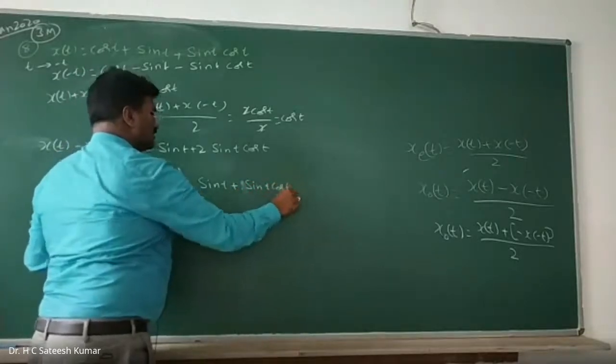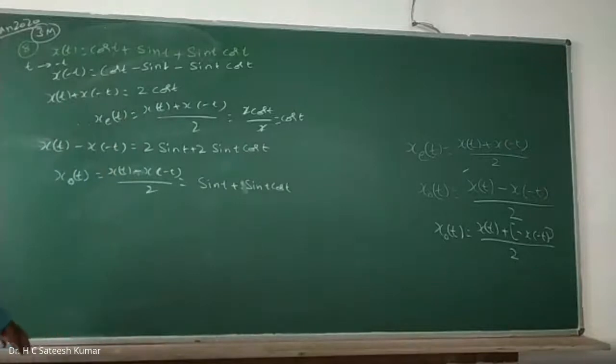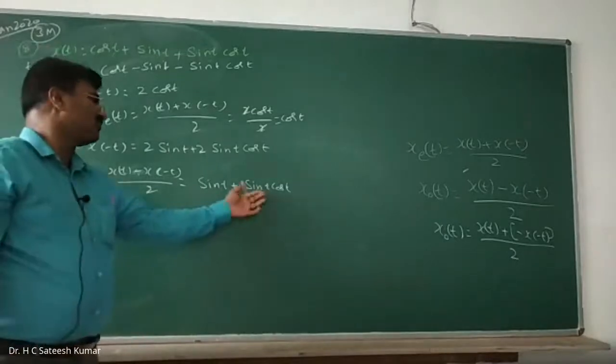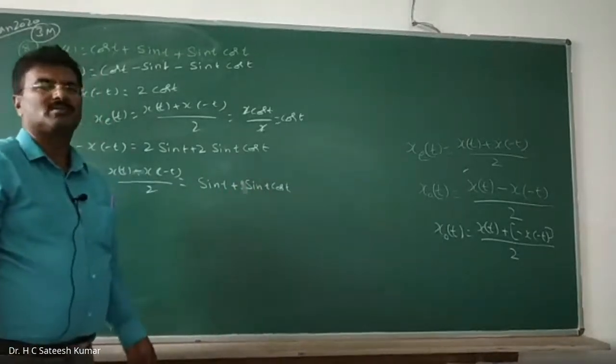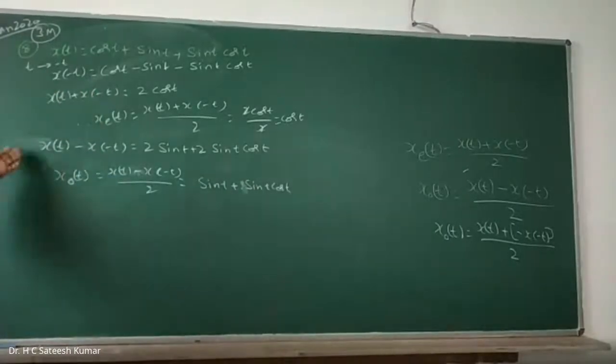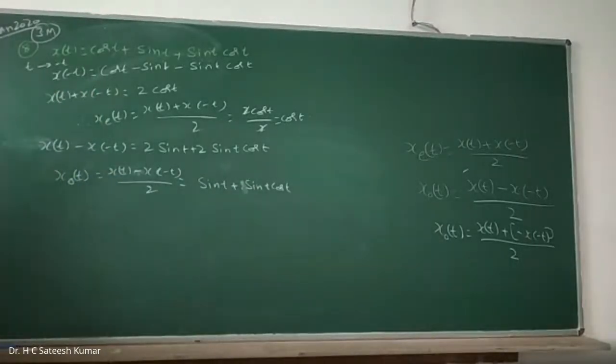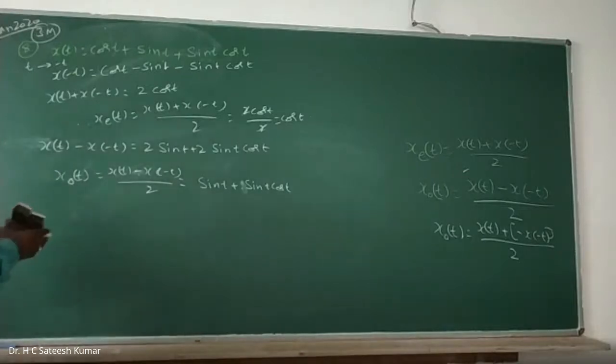That's how we should do it. So that is the odd part of the signal. Now this will be antisymmetric, which you can verify. At t is equal to 0, its value becomes 0. So that's all 3 marks for this. One more way of representing the signal. One more problem he has given in the same paper.